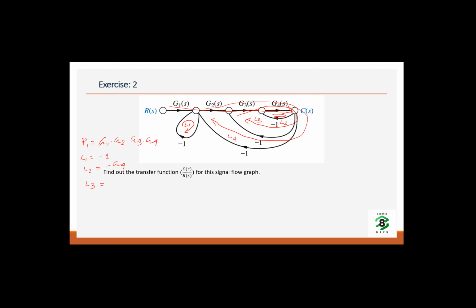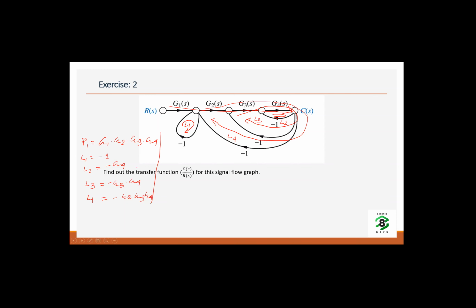Similarly, L3 is minus G3, G4. L4 is also minus G2, G3, G4. So identifying the loops and forward paths are the first and foremost task you have to do.